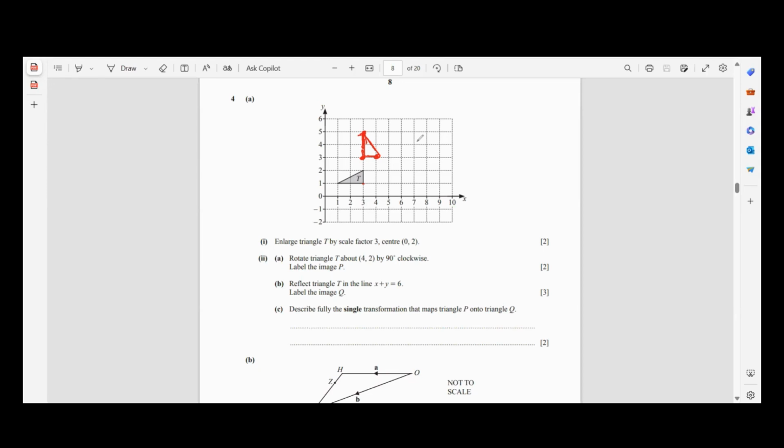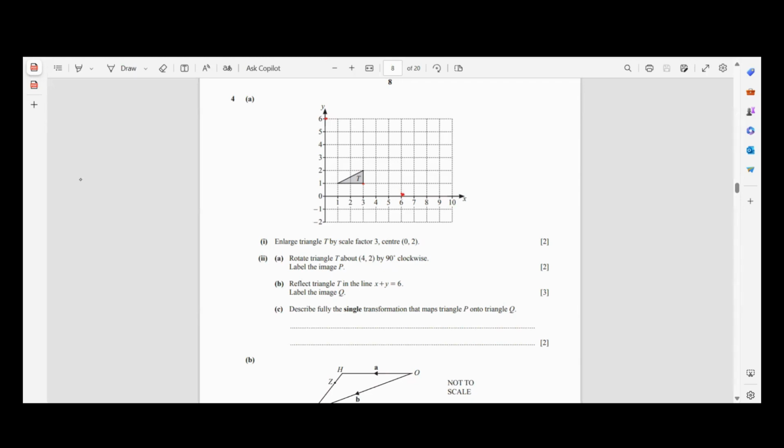x plus y. Okay, I will clean this first. Okay, let us draw this line first. So this should be 6, 6. The line 6, 6 here. The mirror, this one.